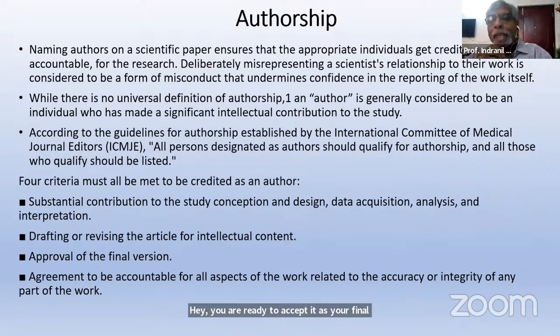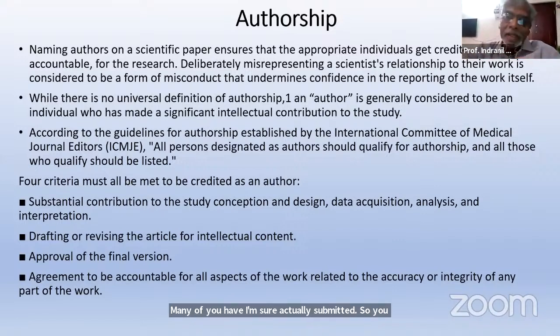They will continuously send you mails: your PDF is being built, your PDF is being built, then your PDF is waiting for approval, so that you need to actually approve and then submit. So this approval of the final version is very important. Many of you have, I'm sure, actually submitted to such journals, so you will have a first-hand feeling of why they are writing this.